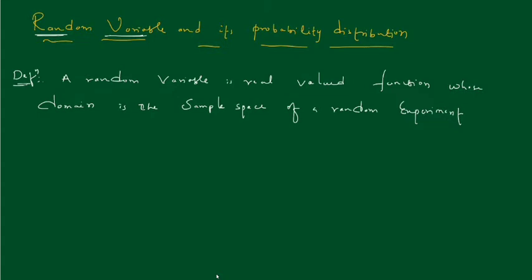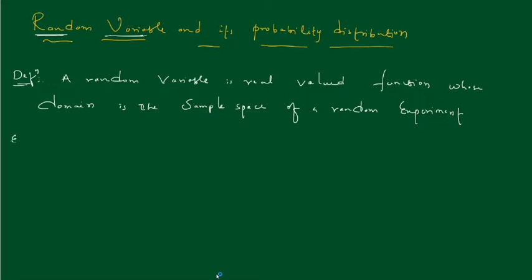What it says here: a random variable is nothing but a real valued function whose domain is the sample space. Already you know what is sample space and domain also, right? In the function chapter you have studied a domain, right? So the domain is the sample space of a random experiment.